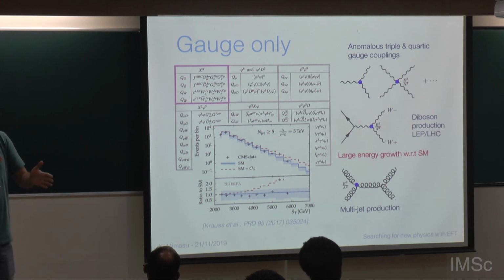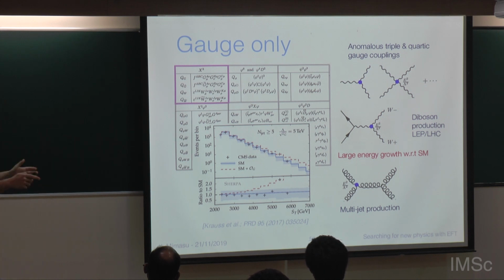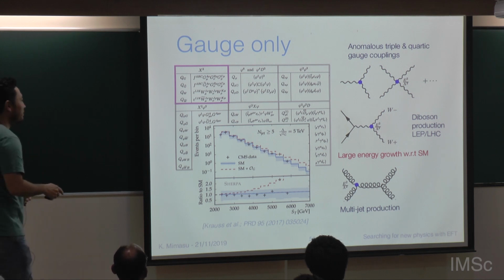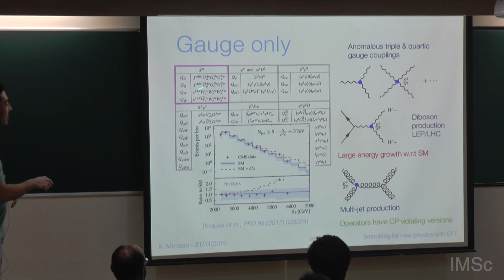However, dimension 6 operators involving Lorentz structures that are not in the standard model can still exist. So that's sort of the qualitative difference there. So this has 3 field strengths, right, which doesn't exist in the standard model. So you get triple, quartic, quintic, sextic interactions with the gluons with higher derivatives. And they also have CP violating versions as well.